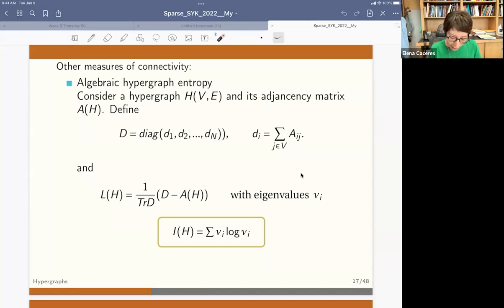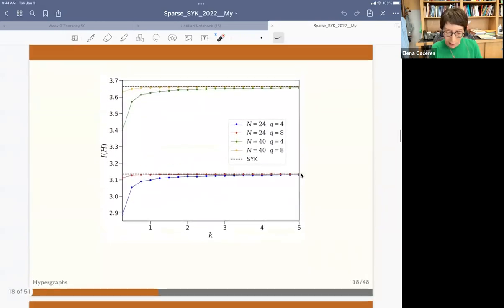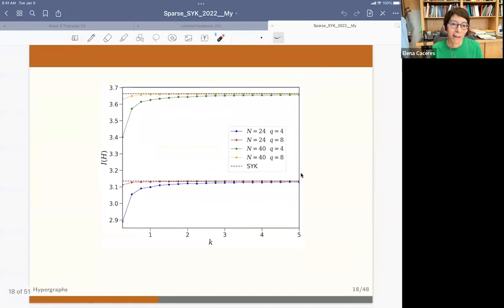The object here is again defined in terms of the adjacency matrix that we saw before, but now they define some L of H that's defined that way. Then we look at the eigenvalues of this L of H, and we can define some kind of algebraic entropy using those eigenvalues. So that's another measure of connectivity. This is what happens with the algebraic entropy.